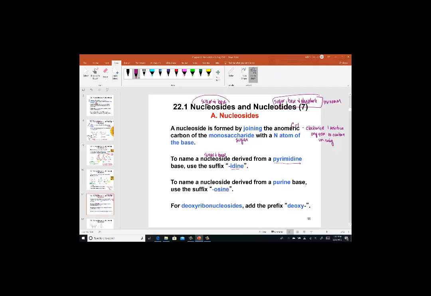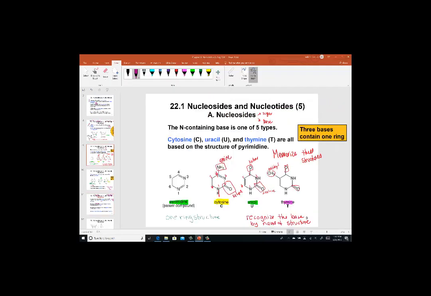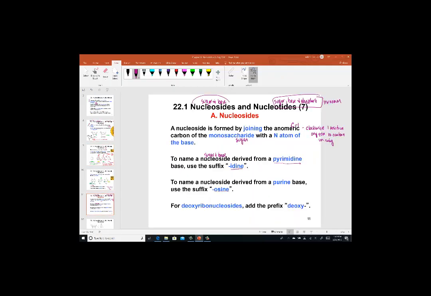When cytosine is the name of the base, to name that base in the nucleoside, you would call it cytidine, uridine, thymidine. The original sugar is going to end with the idine name.